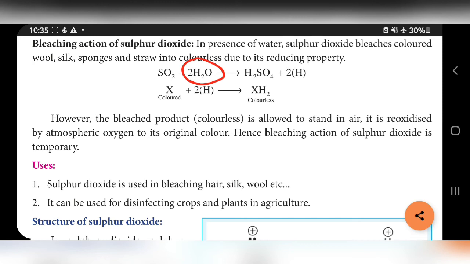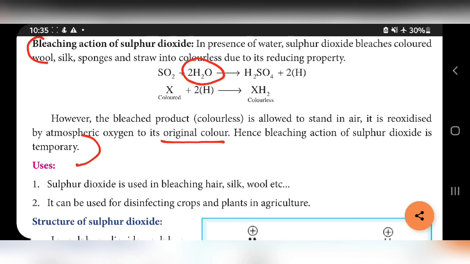Why is the bleaching action of sulfur dioxide temporary? You have to write this paragraph fully. When the bleached product is allowed to stand in air, it is reoxidized by atmospheric oxygen to its original color. So the bleaching action of sulfur dioxide is temporary.